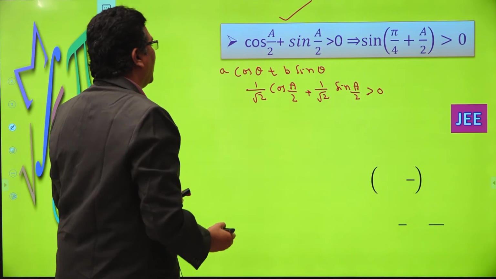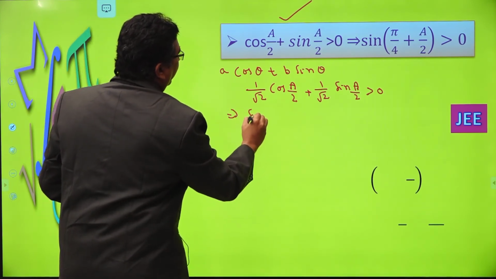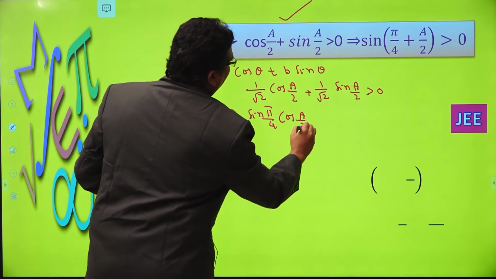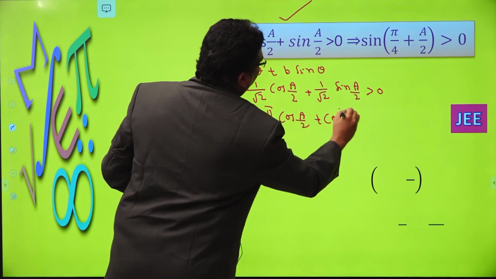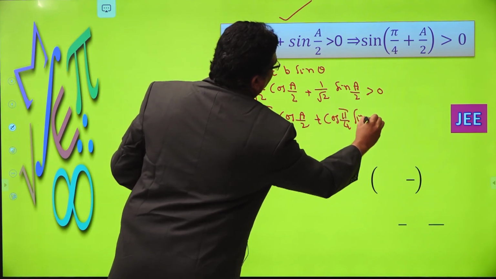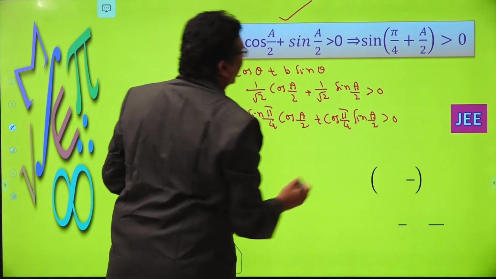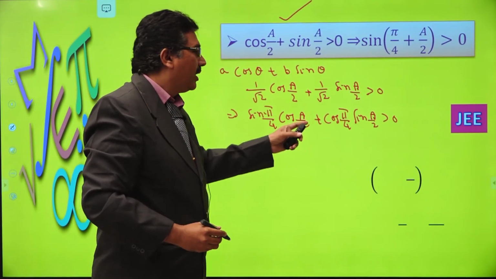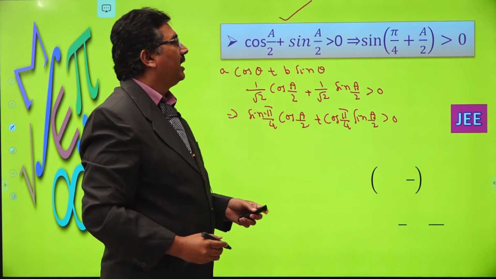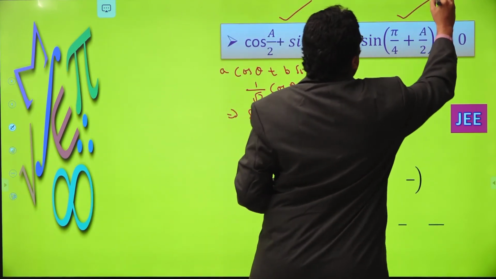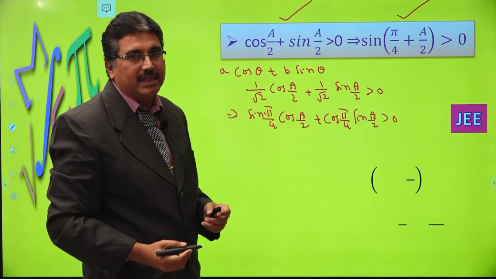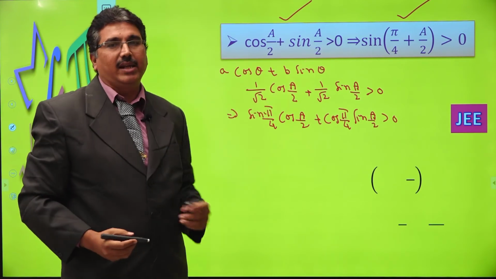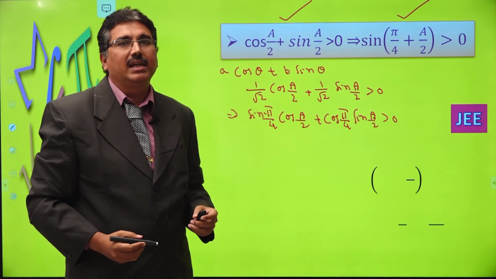So this implies sin pi/4 into cos a/2 plus cos pi/4 into sin a/2 greater than 0. Now sin a cos b plus cos a sin b is sin of a plus b. Sin theta greater than 0.